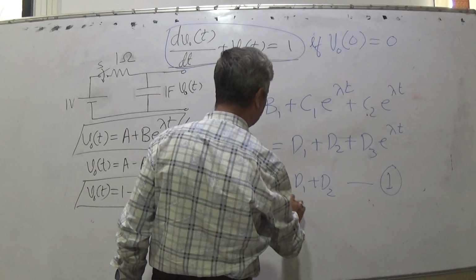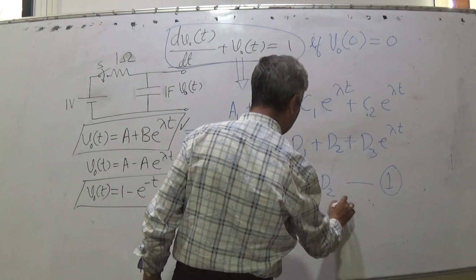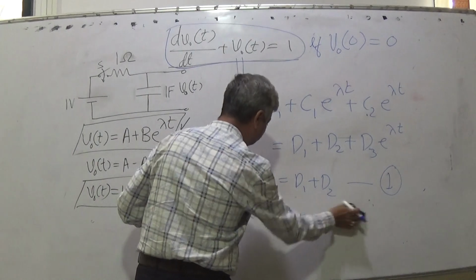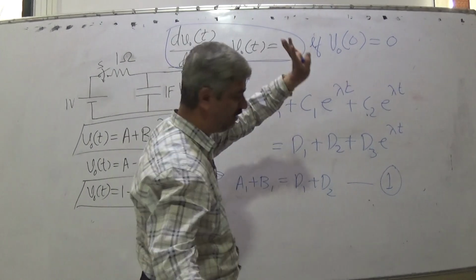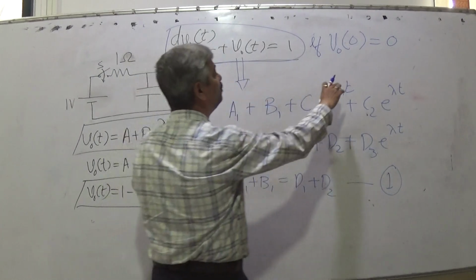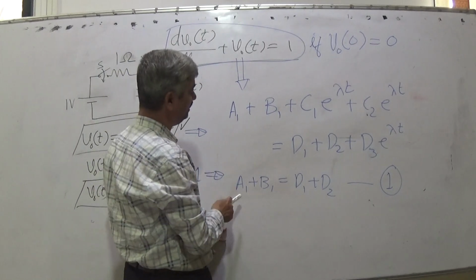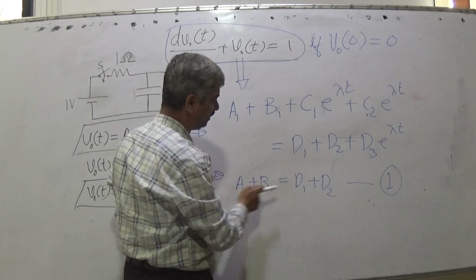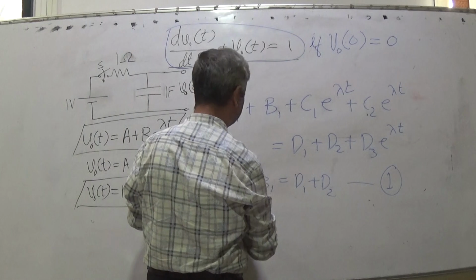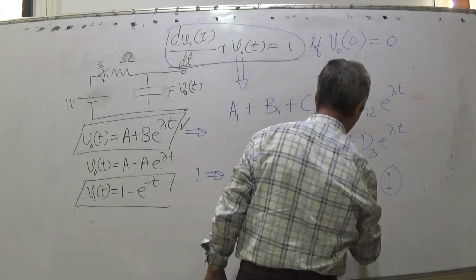So the coefficients of non-exponential terms on both sides should be equal, and the coefficients of exponential terms, c1 plus c2, equal d3. That is equation 2.